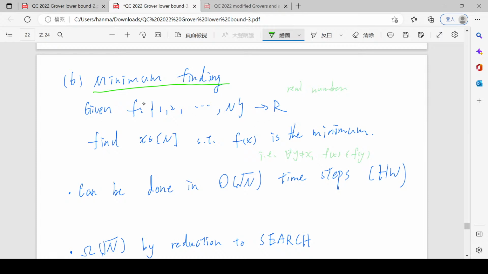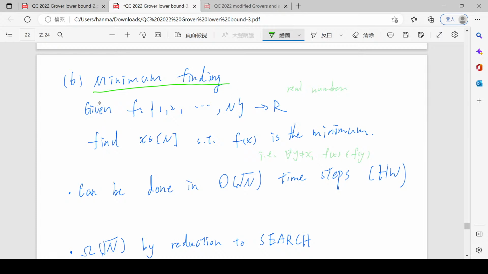So more formally, we still have a function with discrete input, so we have input 1 to big N. And now we think the output is some real number, although it's a little weird. Doesn't really matter, it needs to be some set that can be ordered. Okay. So anyway, you have discrete input 1 to N, and you have a function value that's a real number.